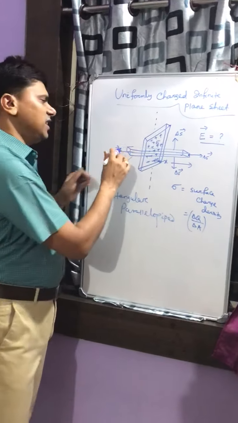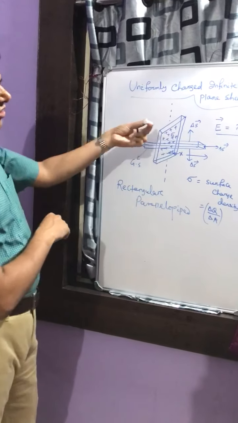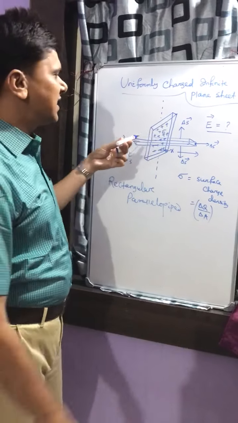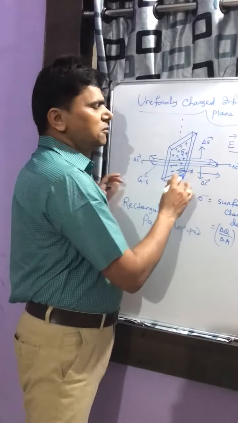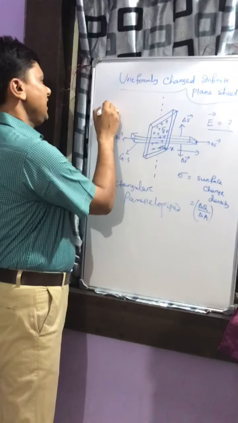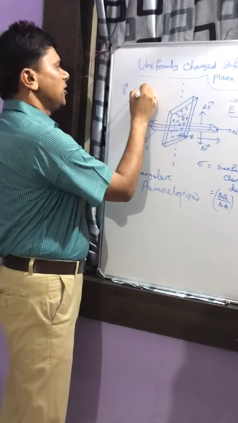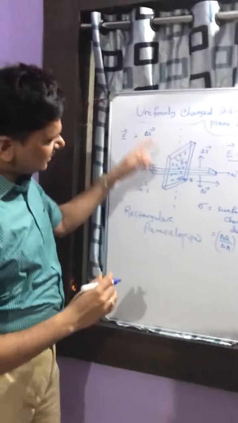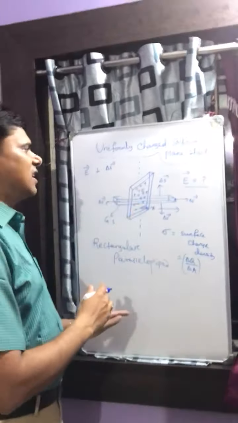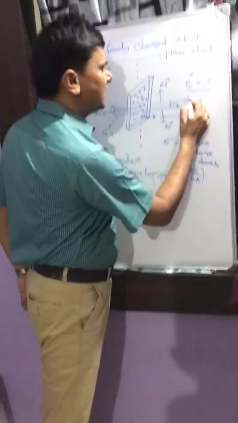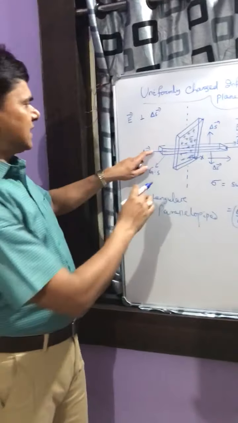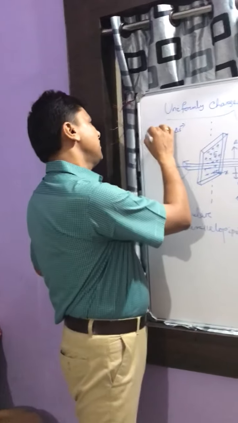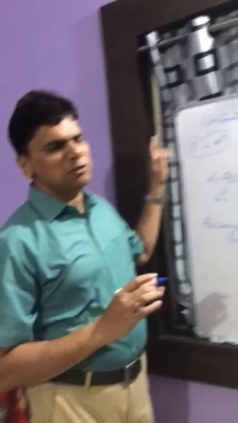Out of these 6, in 4 cases E and delta S will be perpendicular, because at this point the direction of electric field due to this charge distribution will be towards this. So except these 2 surfaces, on the other 4 surfaces the electric field is perpendicular to delta S.